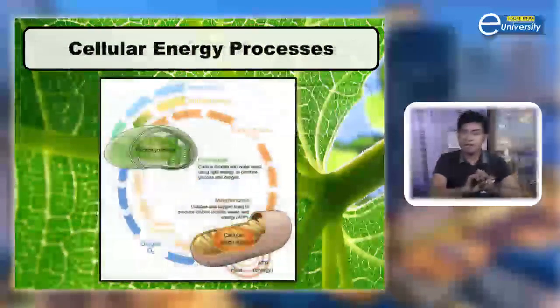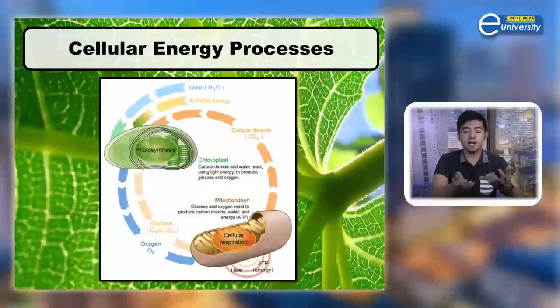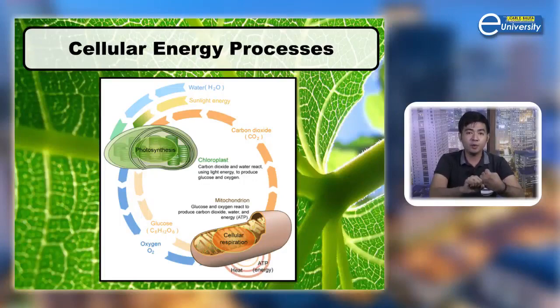So again, the cellular energy processes are photosynthesis and cellular respiration. So photosynthesis is a form of anabolism. Again, when we say anabolism, that is the production or building up of biomolecules to store energy. So in photosynthesis, to store energy, they store that in the form of starch or the polysaccharide molecule.